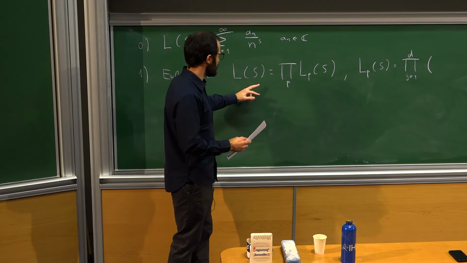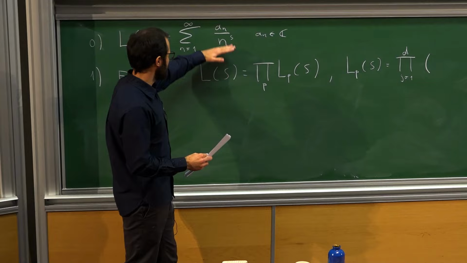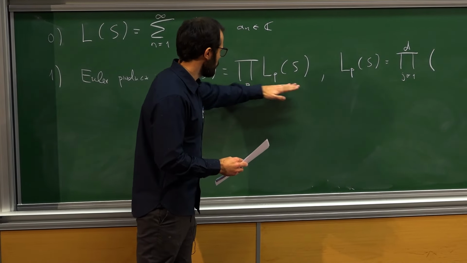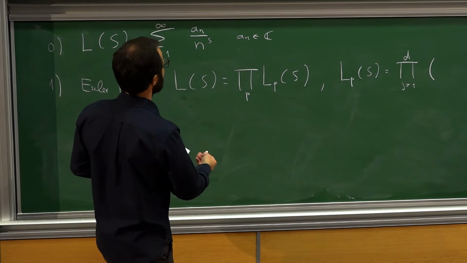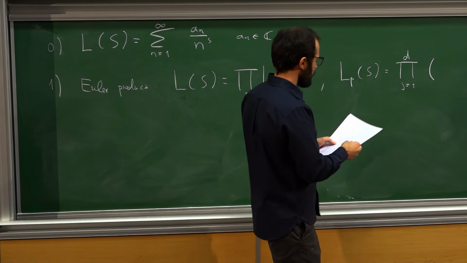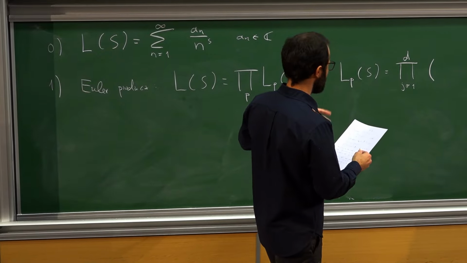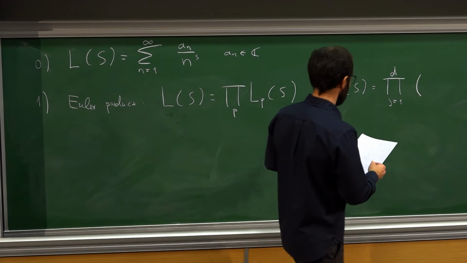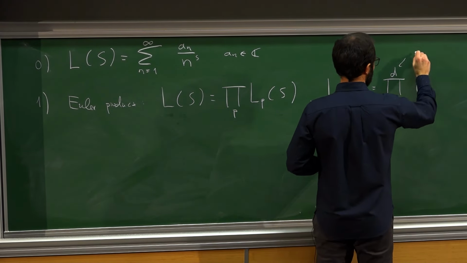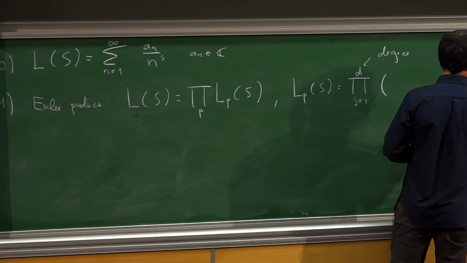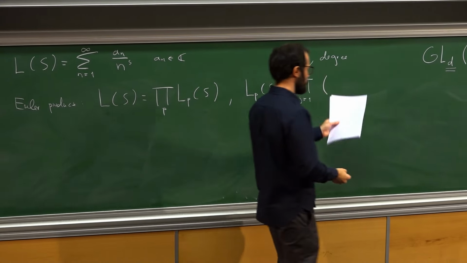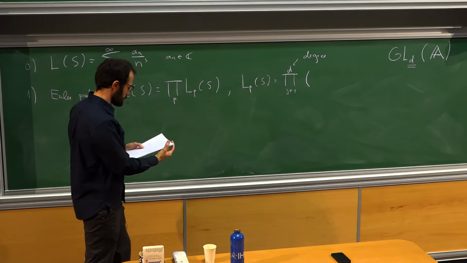And the way to write it is that you can still factor this as a product over primes. But now this factor at prime p doesn't have to be so simple, but instead it's an inverse of a degree d polynomial in p to the minus s. And this d is called the degree of the L function. And it's the same d as the d in the representation theoretic point of view on L functions.